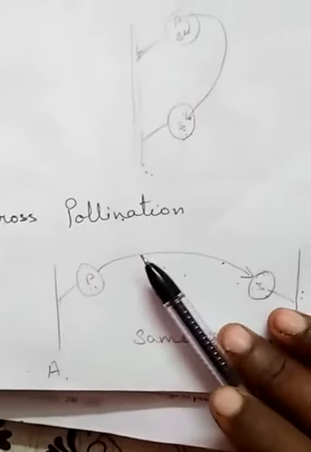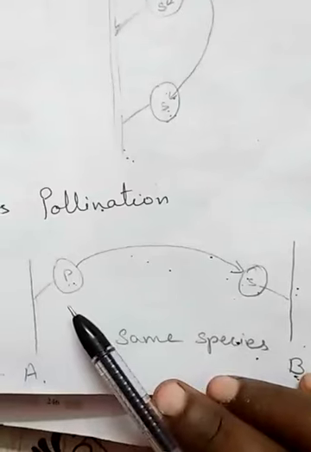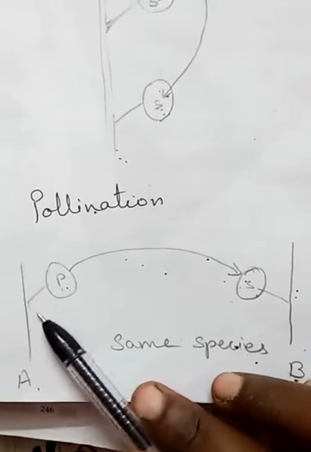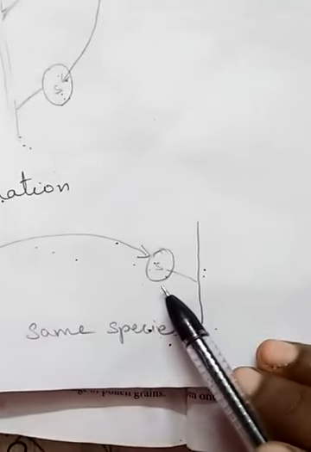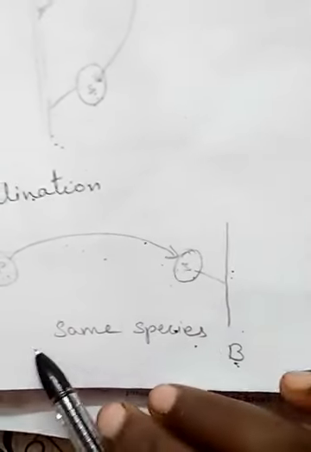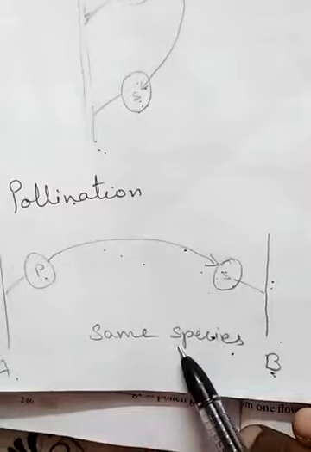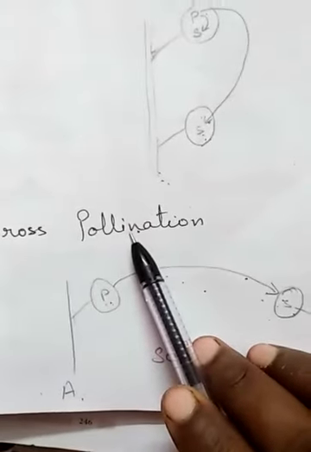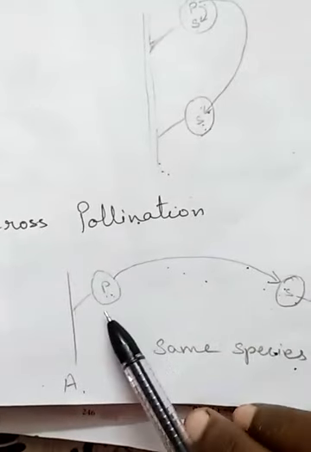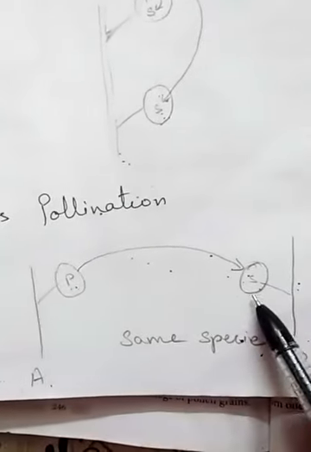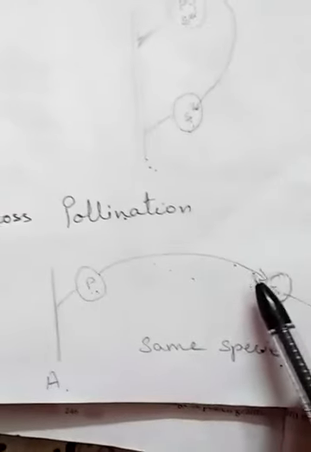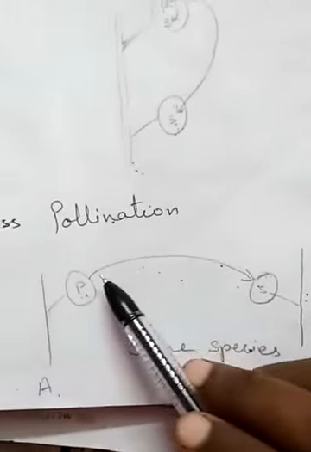Next, what we have studied, the cross pollination. Pollen grain from one plant is transferred to the stigma in another plant, but both the plants should be of the same species. This we call cross pollination. For this transfer of pollen grain from one plant to another plant, some agent, some means should be there to transport it.